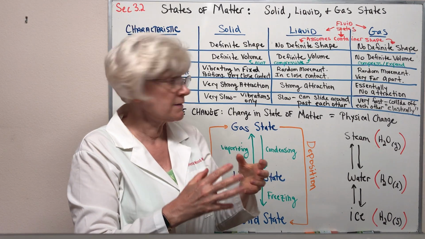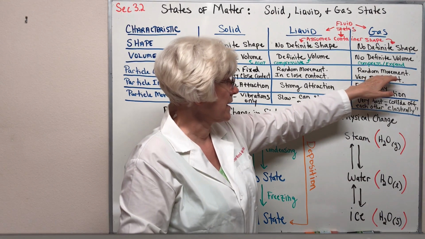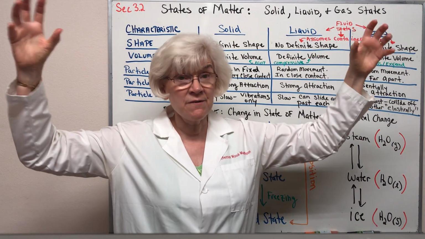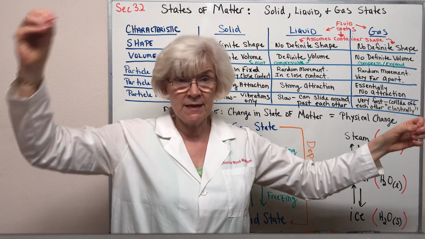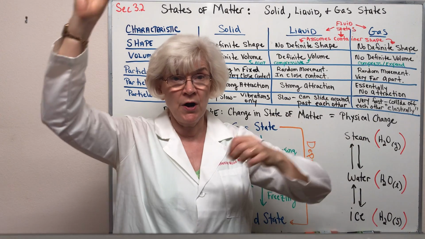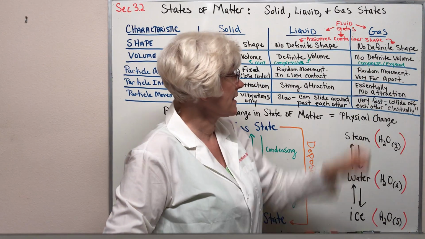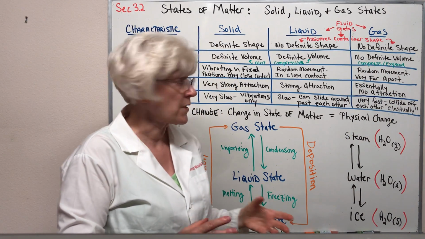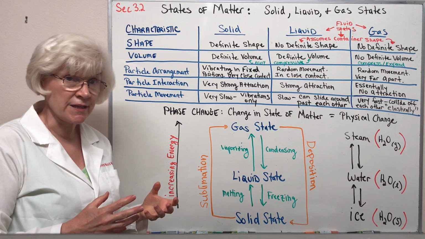There's very little empty space. Gas particles, on the other hand, are in random motion, but very far apart from each other. So moving randomly, but very far apart, lots of empty space, which is why gases have no definite volume and are easily compressible.